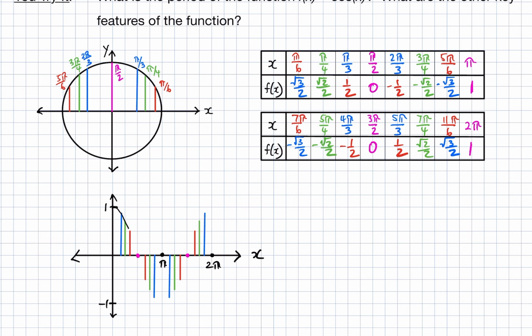And it comes down, hits 0, comes around here. All right, cosine of pi is 1. I forgot to plot that, so that's right up here. Okay, and over here. So if we continue graphing, you'll see what this looks like.